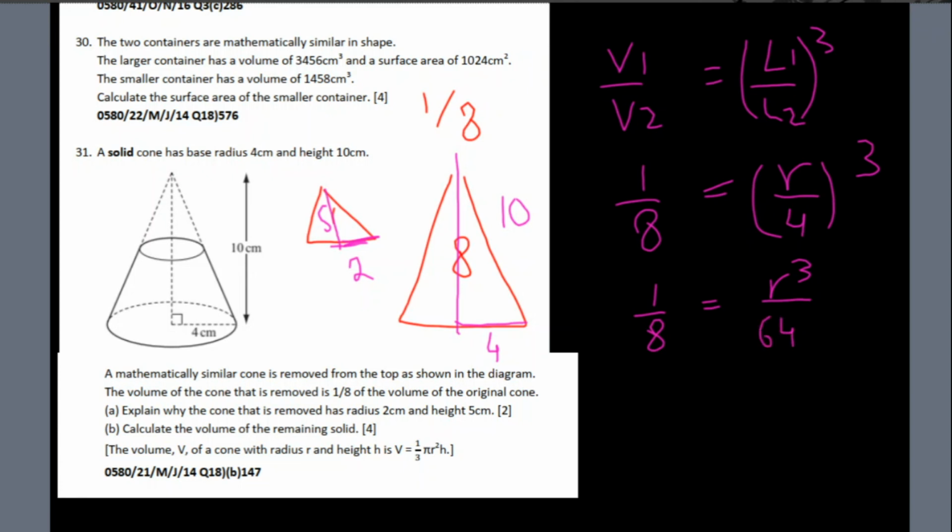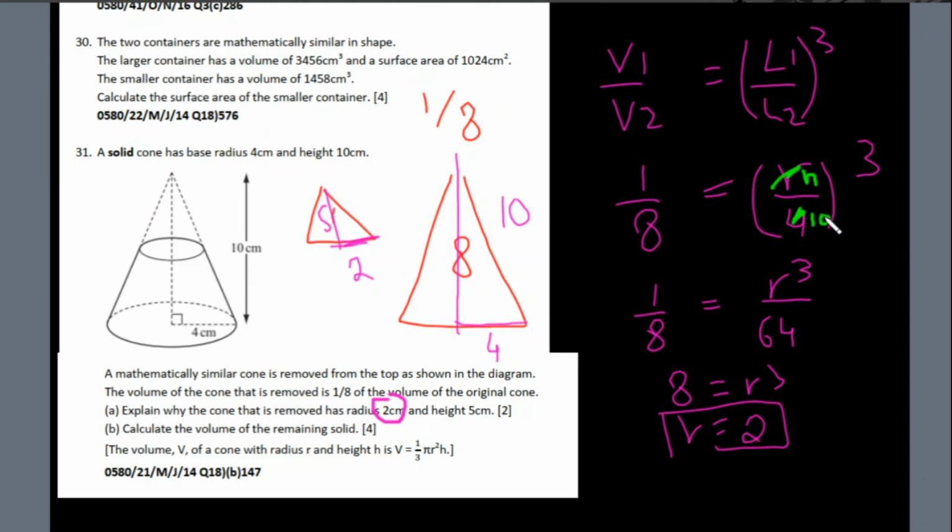Now 64 divided by 8 is 8, so r cube equals 8 and r equals 2. Hence we've shown that the radius is 2 centimeter. Similarly, now do it with the height, which would be 10.